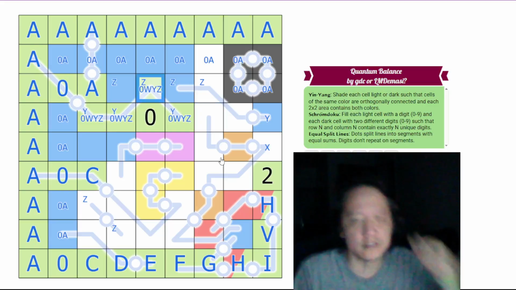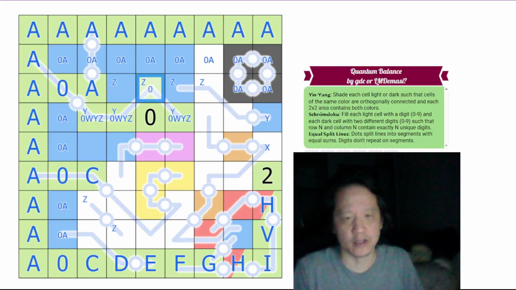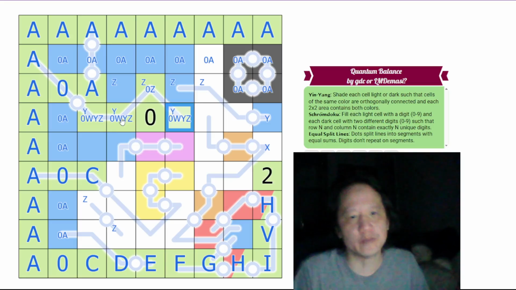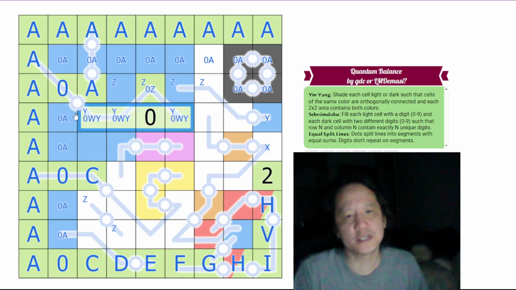This is A0 or... So this has to be 0 or Z here. Specifically, right? This doesn't have to be Z. In fact, yeah, this cannot be A. I guess it could be Z, technically.